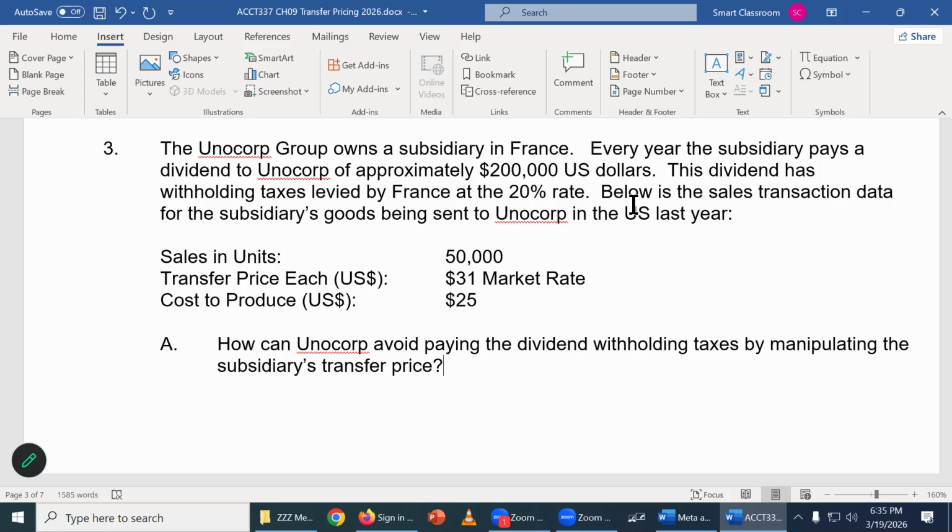What they could do is lower the price that they are paying for these goods. If they're planning on using the same 200,000 of dividends, how would you adjust the price, assuming everything else stays the same, the units produced and the cost? What would you change the price to?